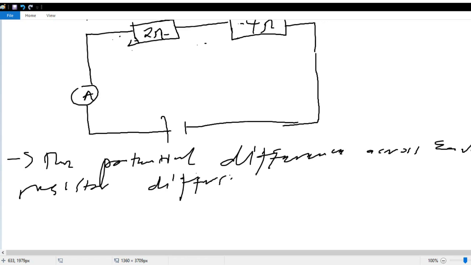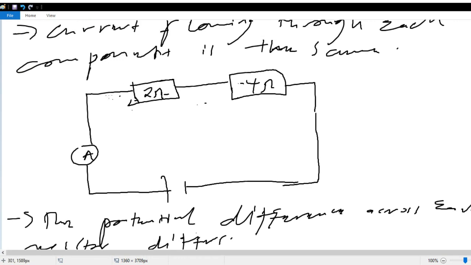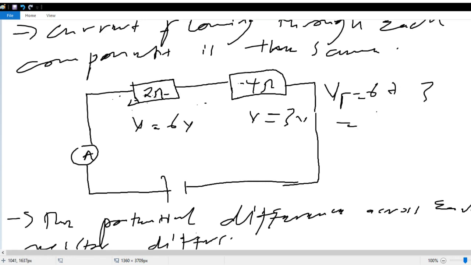If we assume the voltage here is 6 volts and here is 3 volts, then to calculate our total voltage, Vt is equal to 6 plus 3, which is 9 volts. Since we have 9 volts, our electromotive force is equal to 9 volts. So the sum of the potential difference across each component gives the electromotive force.